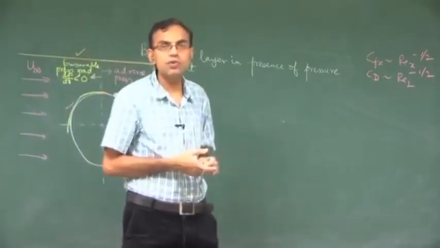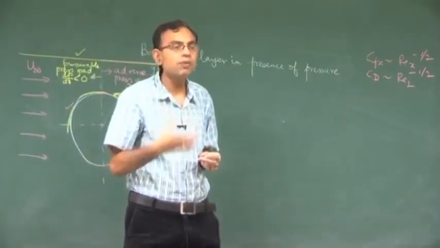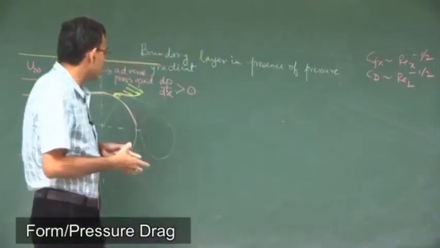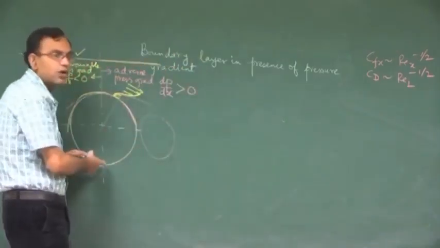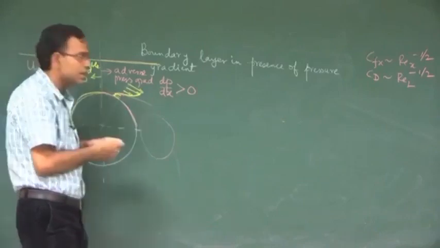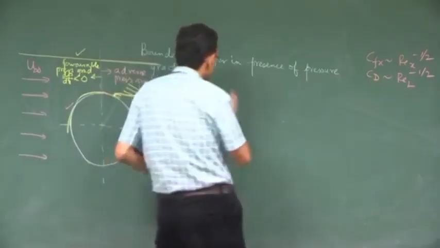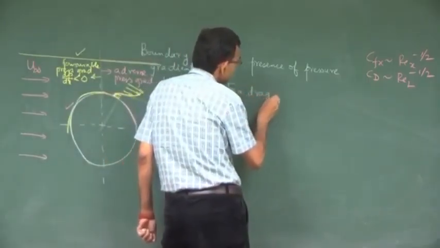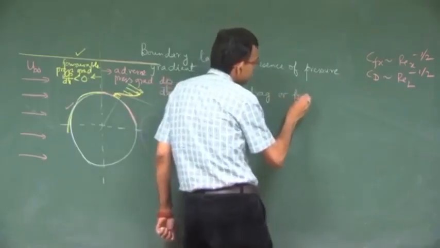This drag force is called form drag or pressure drag. Why this is called form drag or pressure drag is because this depends on the geometric form of the body and it is a function of the pressure distribution on the body. That is why the name form drag or pressure drag.